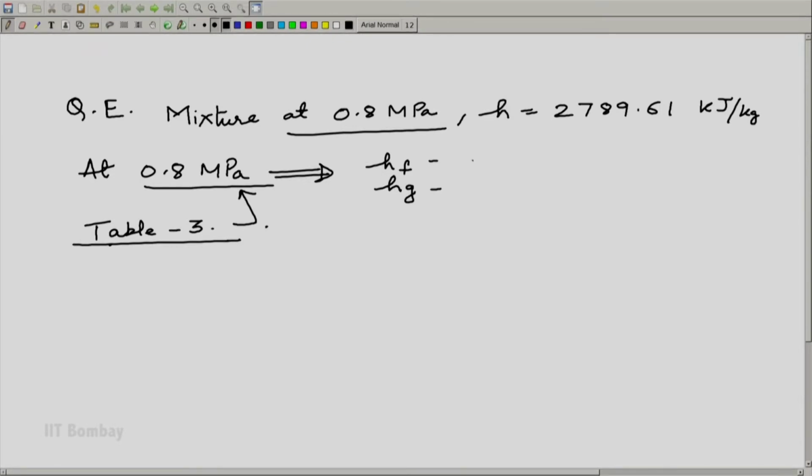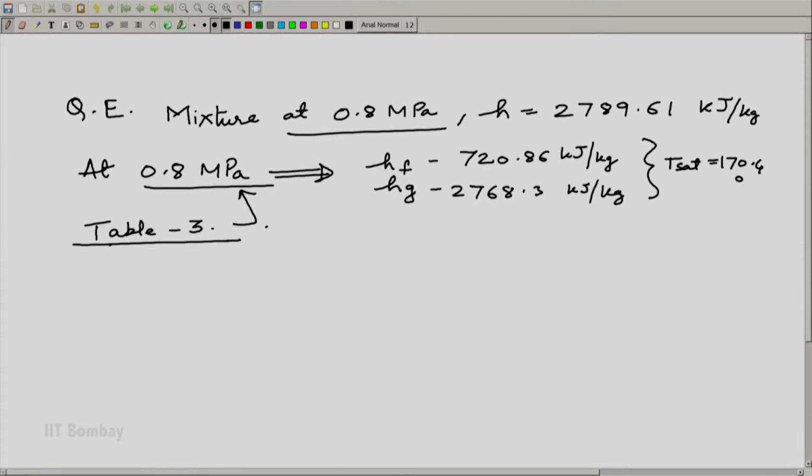So, Hf is equal to 720.86 kilojoule per kg and Hg is equal to 2768.3 kilojoule per kg, and corresponding to this I got Tsat equal to 170.4 degree centigrade.